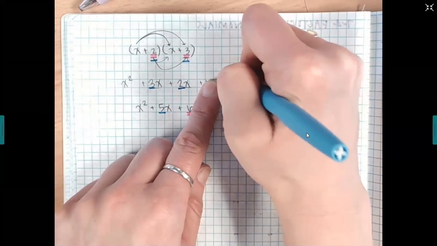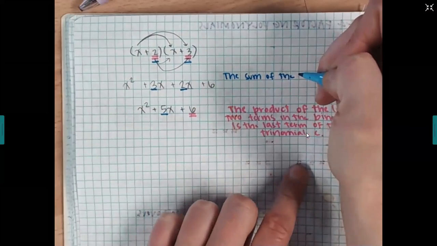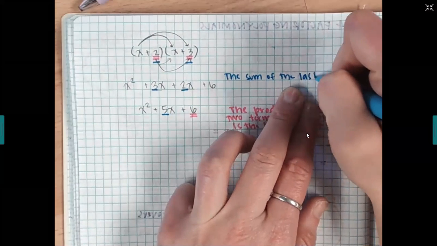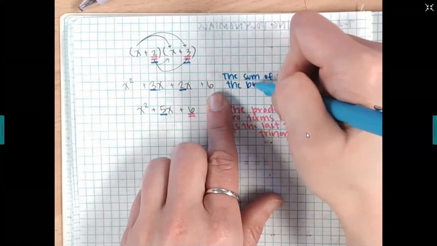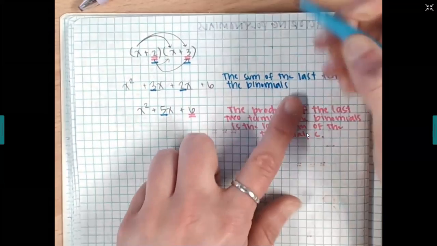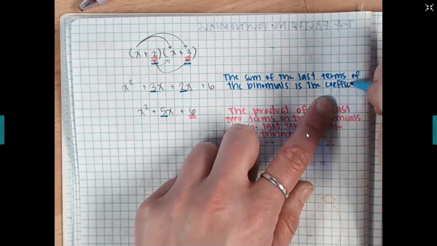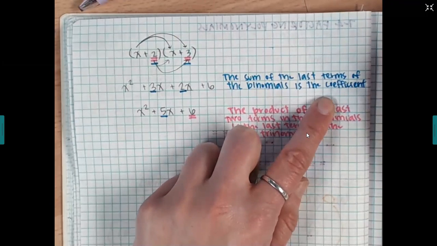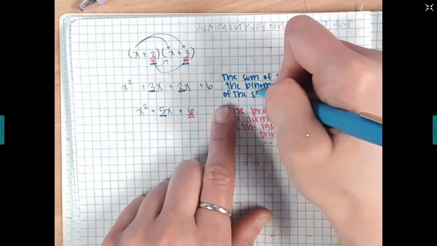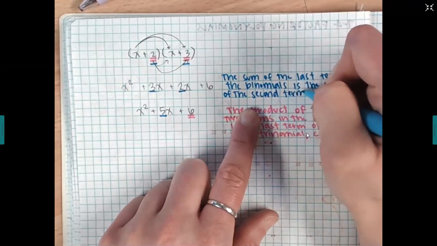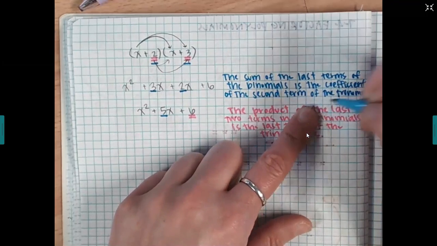So the sum of the last terms of the binomials is the coefficient of the second term of the trinomial, which is b.